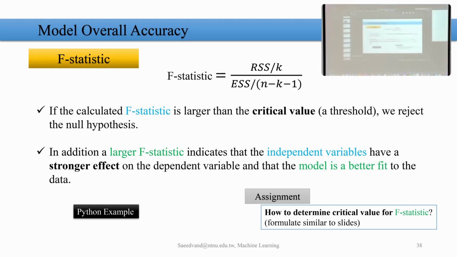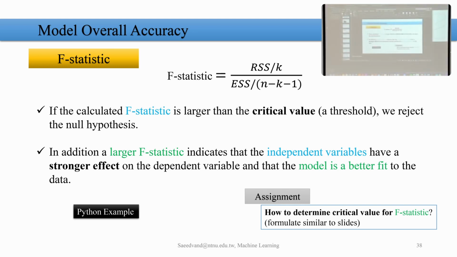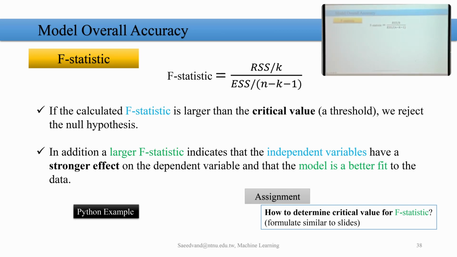So if we go back, now here, no, chapter 3. We saw the Python example, and you have your assignment: how to determine the critical value for the F statistic, formulated similar to the others. I told you that for the F statistic we have a critical value or threshold at which we can reject the null hypothesis.